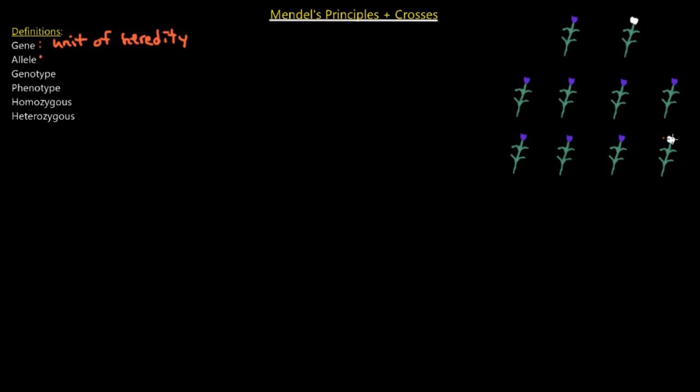Now, allele definition, we're going to write that in a different color. So allele definition states that the different versions of genes that produce different traits of a character are called alleles. So there's just different versions of genes.